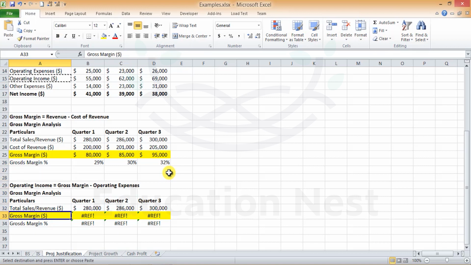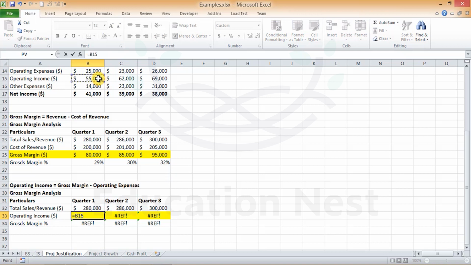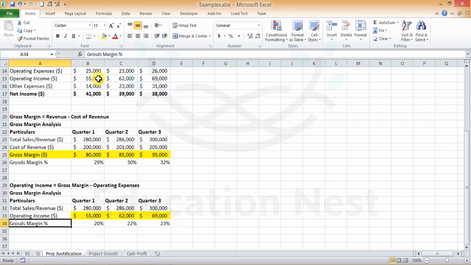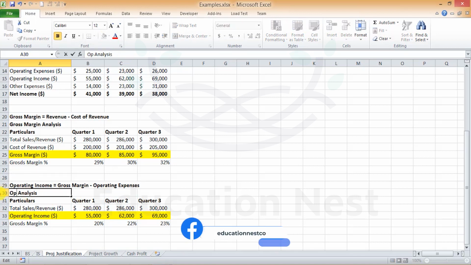So we're going to be putting this over here, operating income equal to, we'll try to do this all formula driven so it's easy for you guys to do on your own also. Bang, here we have it. It's supposed to be 20%, 22% and 23%. Okay, so again the operating income part is also increasing.